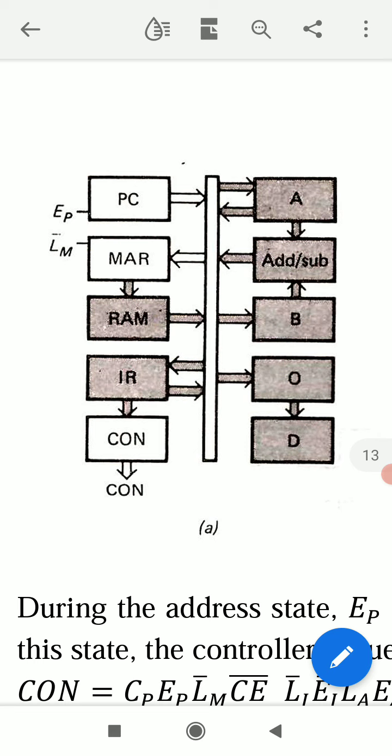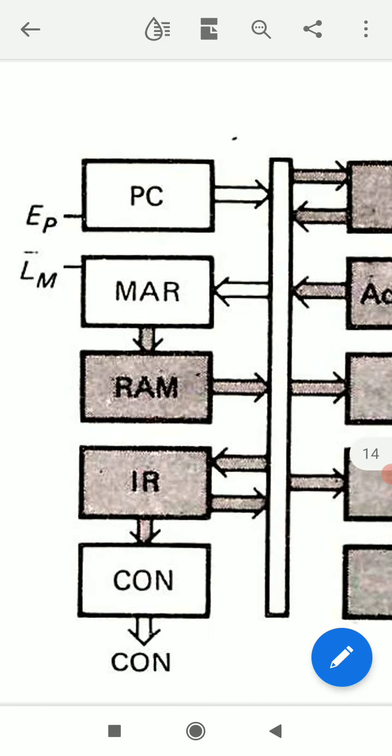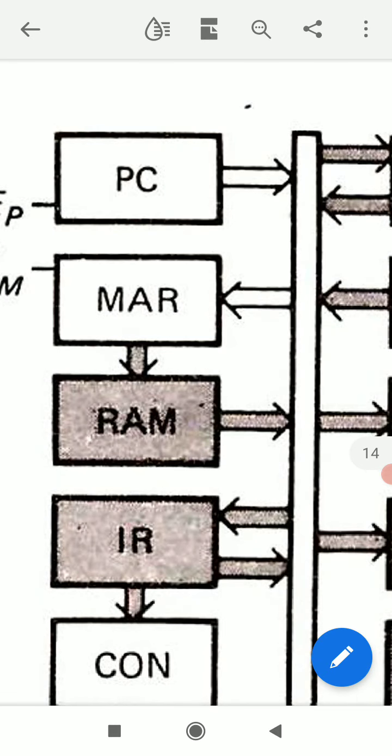So in this first T1 state, known as address state, the address from the program counter is to be transferred to the next part, that is MAR, memory address register.